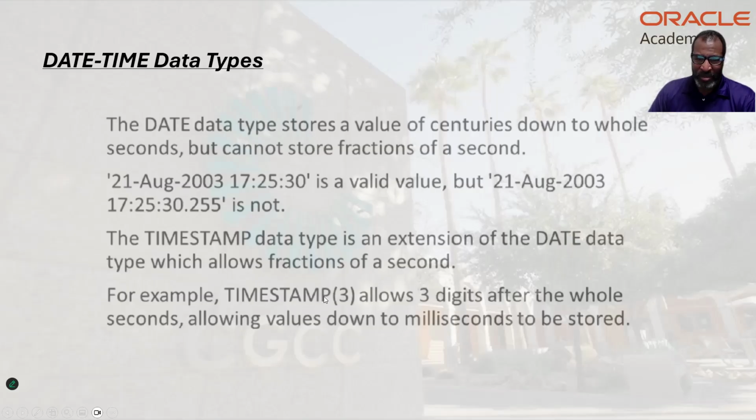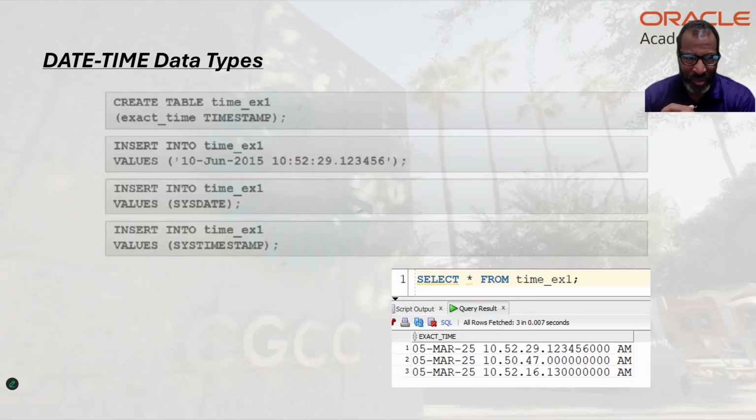It allows fractions of seconds, if you want, to create a granular representation of date and time. So if you do timestamp 3, it allows 3 digits after the decimal, which means you're recording milliseconds. Do you need that? Possibly in a scientific scenario. So here are some date time data type examples.